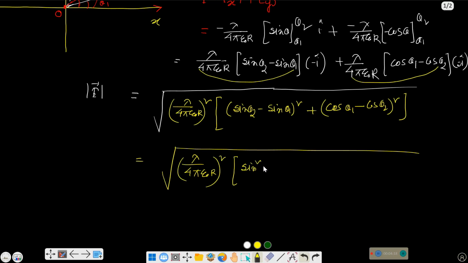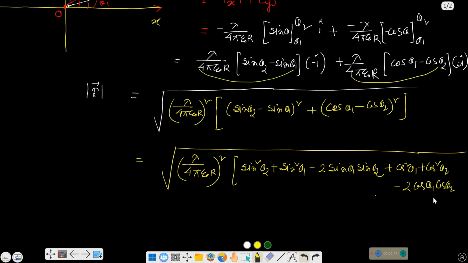This will be sine square theta 2 plus sine square theta 1 minus 2 sine theta 1 into sine theta 2, again plus cos square theta 1 plus cos square theta 2, minus of 2 cos of theta 1 into cos of theta 2.